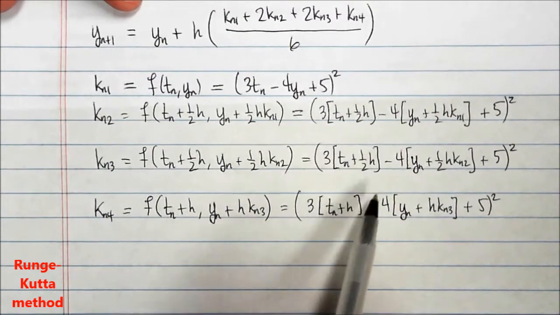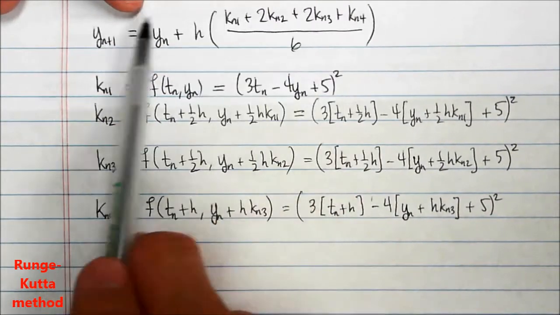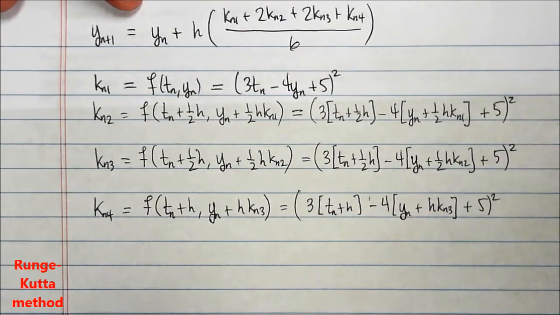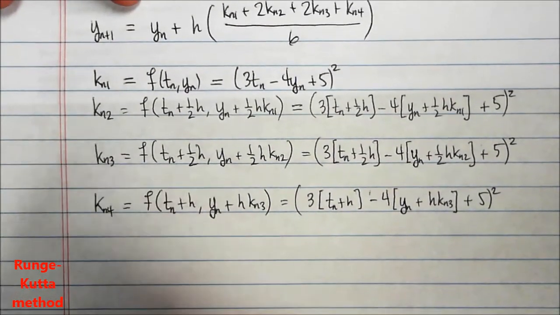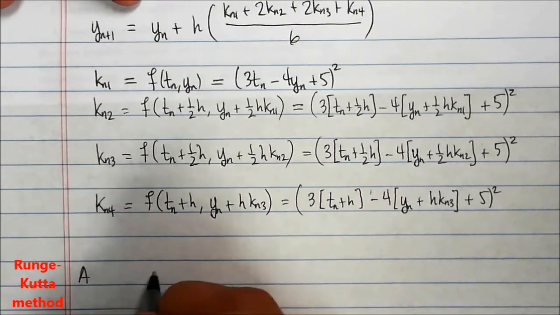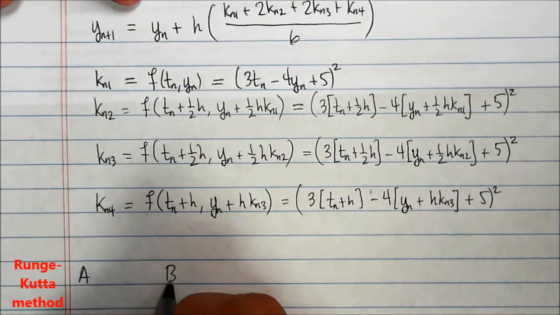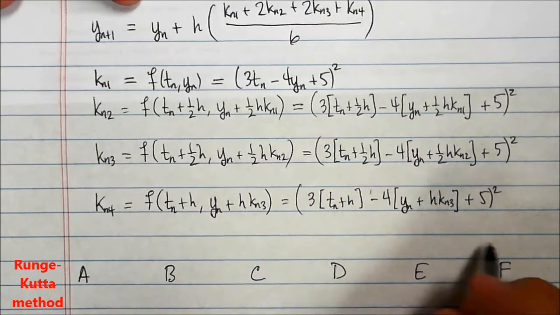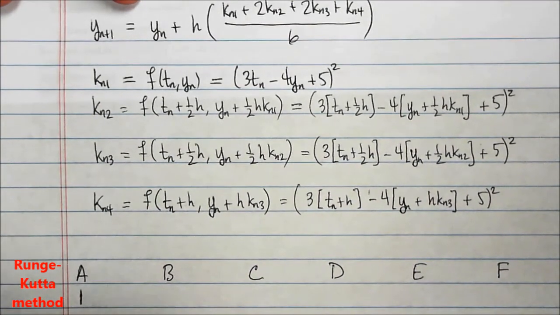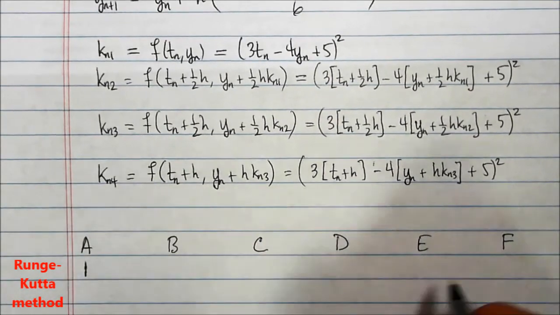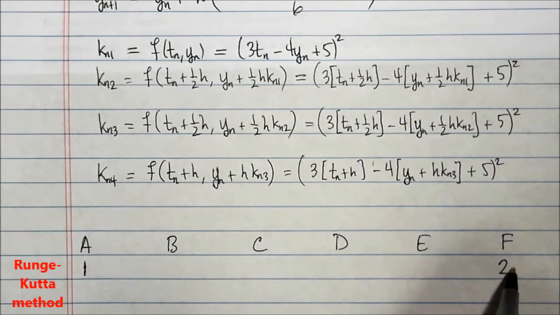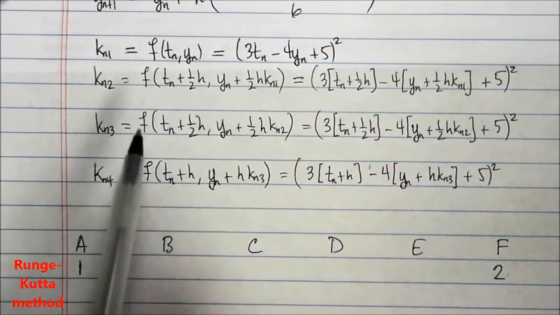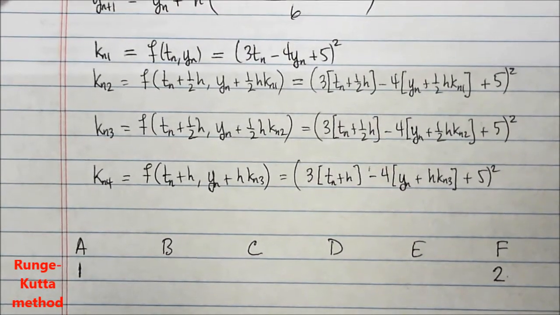And so we figure out these 4 things, and then figure out this average, and then finally we get the real thing that we care about, y sub n plus 1. So implementing this in Excel definitely takes work, and this is going to require 6 columns. The first column is for the time. The last column will be the y value. Then I have 4 intermediate columns for the 4 intermediate steps in order to get that last value.